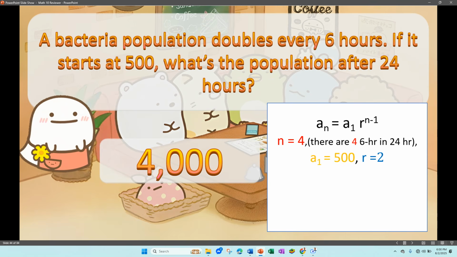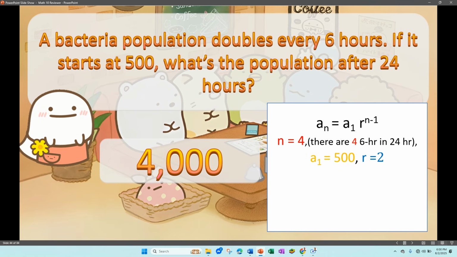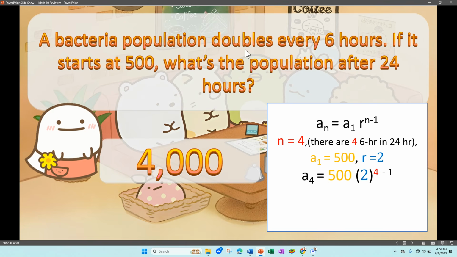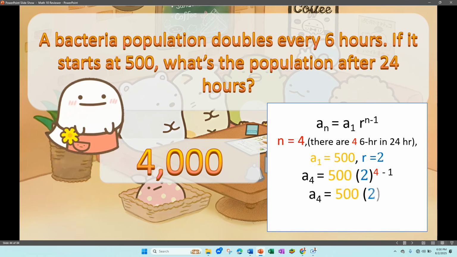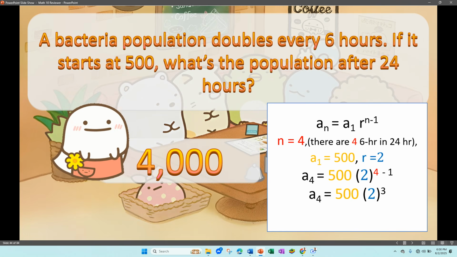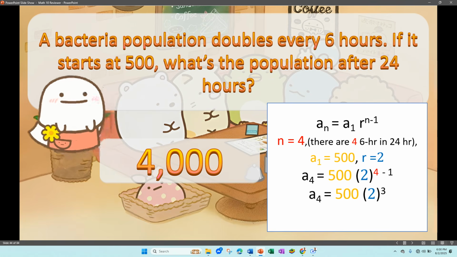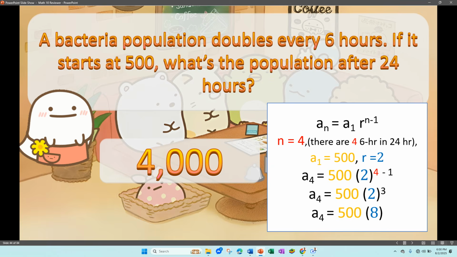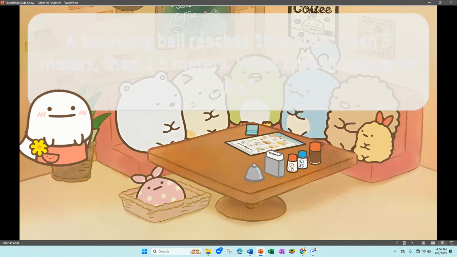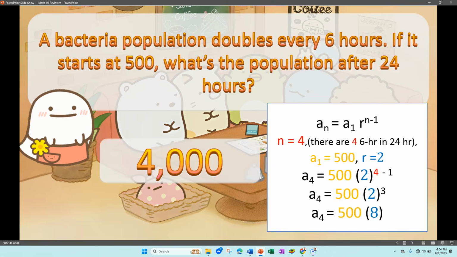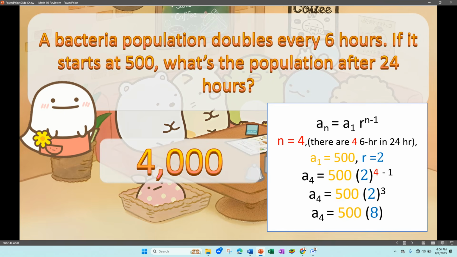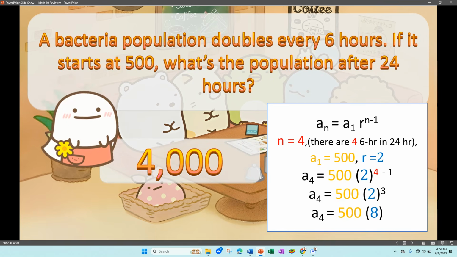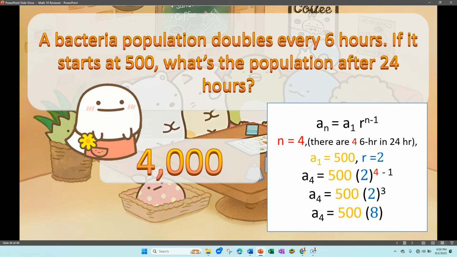A sub 1 is 500 and the common ratio is 2 since the word is double. Gamitin po natin yung formula. Do the exponent, multiply 2 by itself 3 times, then multiply by 500 to get 4,000. So the answer is 4,000. There are 4,000 bacteria after 24 hours.